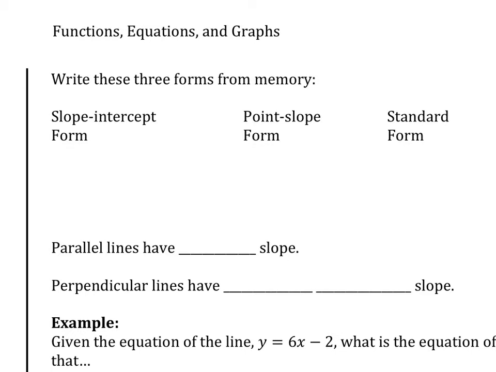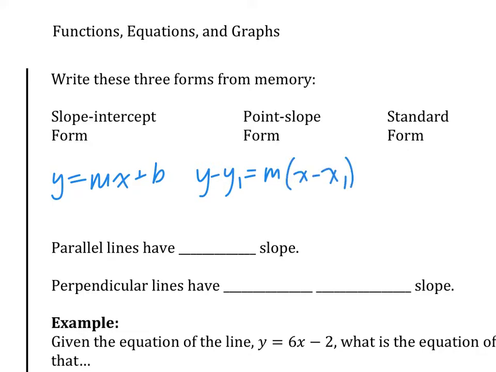All right, let's start with Isaiah. What is the slope-intercept form? Y equals mx plus b. Good. Okay, Karis, what is the point-slope form? Y minus y1 equals m times x minus x1. Mm-hmm. And then, Jackson, do you know the standard form? Say that again.